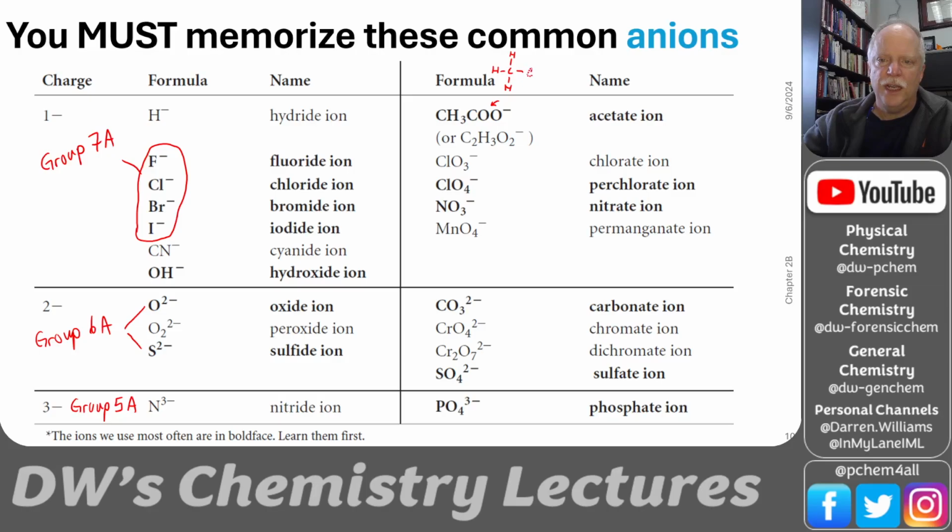Then we have a C, and it's got a double bond with an oxygen, and then a single bond to this oxygen that's bonded to either a minus, which makes it the anion, or it's bonded to a hydrogen. But if we take off that hydrogen, then we have the acetate anion.